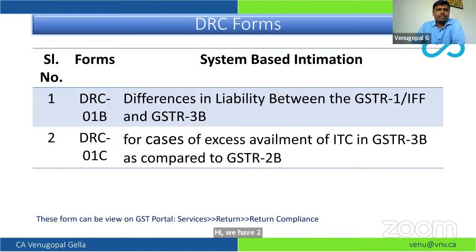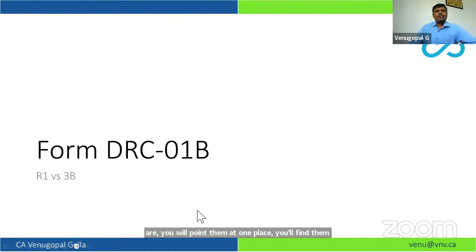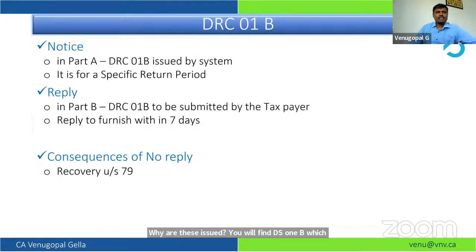What is more important is that these are not under the notices section. Where do you find them? You have to go to Services, Returns and Written Compliances. So not all documents are in one place; you will find them in different places. Why are these issued? DRC-01B is the R1 versus 3B difference, and it has two parts.